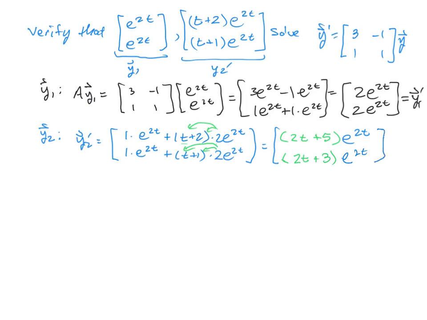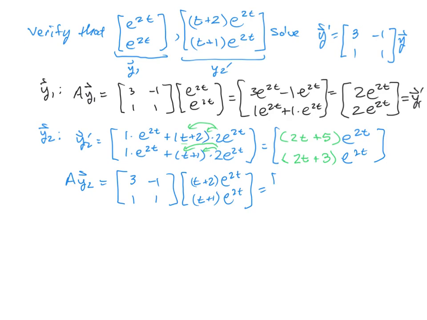Now let's go through and find A times y2. So now A times y2 is equal to the matrix 3, -1, 1, and 1, times t plus 2, e to the 2t, and t plus 1, e to the 2t.